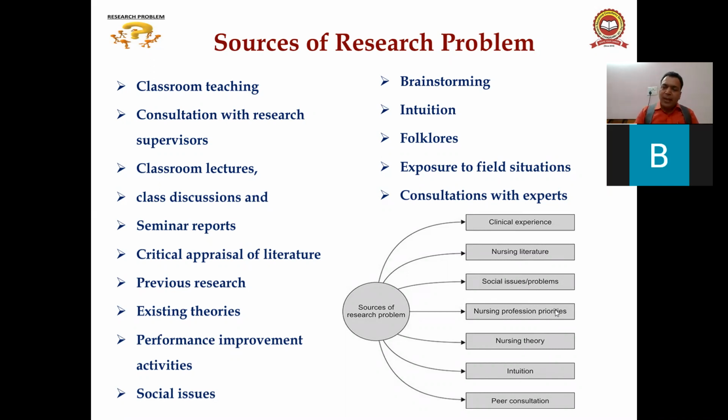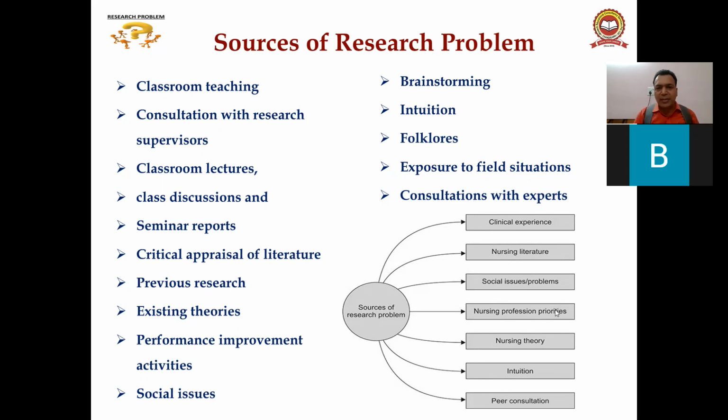Even if you don't know from where to collect the research problem, you can consult with experts or your seniors. They will provide it, and you can take the help of previous research. These can be the sources of your research problem.